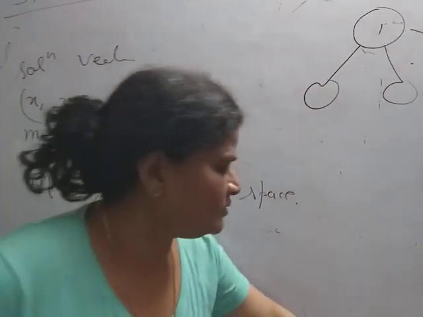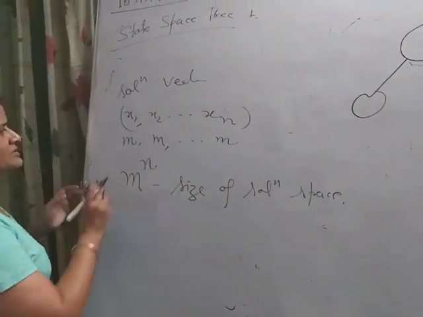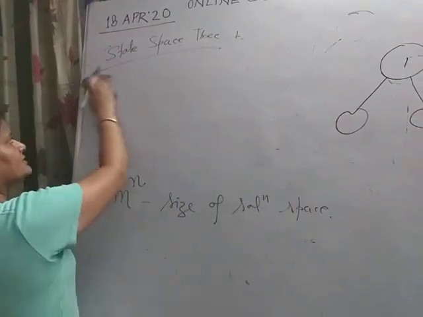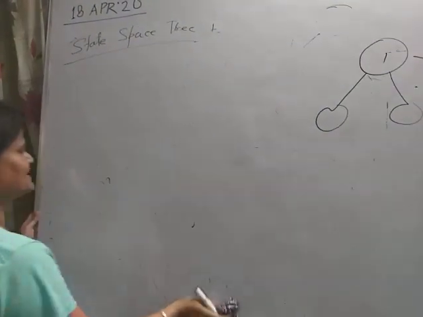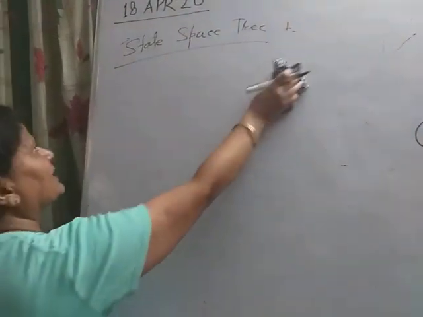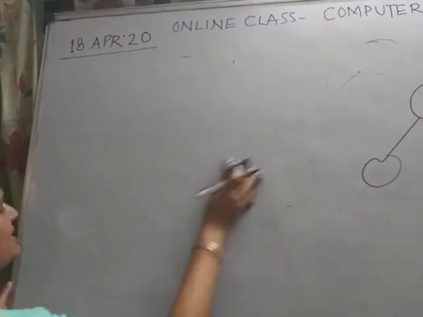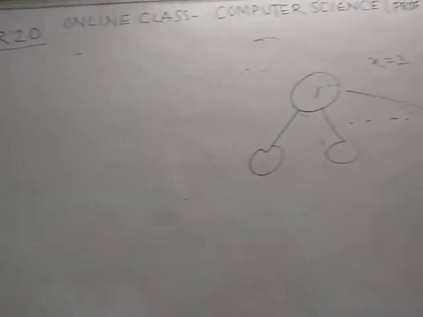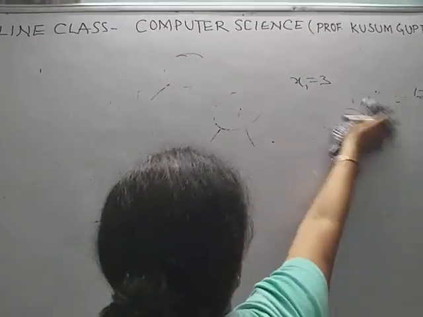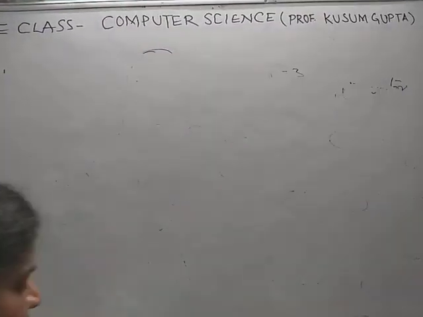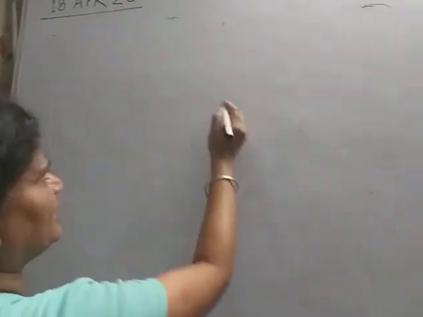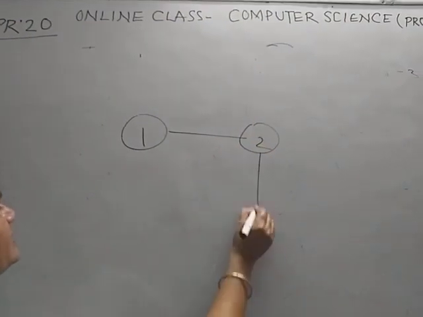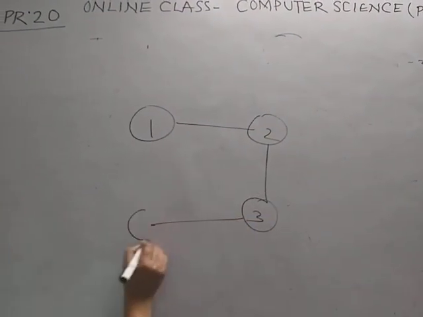Now how to solve this problem using backtracking. After drawing the state space tree, we have to determine the bounding function so that we can kill the node. Suppose this is a simple graph, 1, 2, 3, 4.